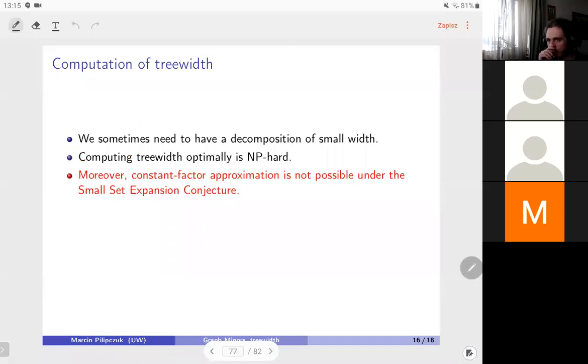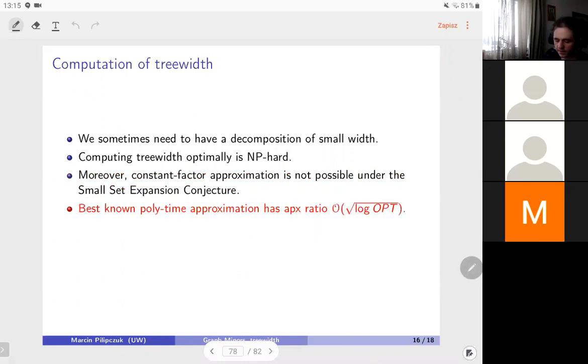Also, there are some reasons to believe that you don't get good approximation, and the best known approximation is about root log treewidth. Given a graph and a number k, you can either say that the treewidth is larger than k, or you find a decomposition of width of order k times root log k.